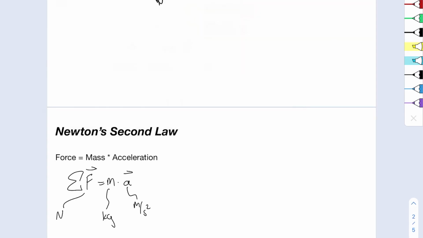Let's say we have a football right here. And let's say that this football is experiencing a force in this direction. That's F1.